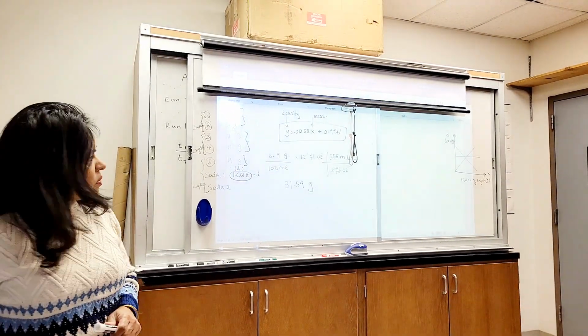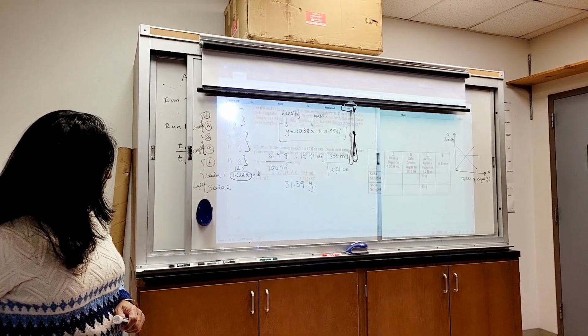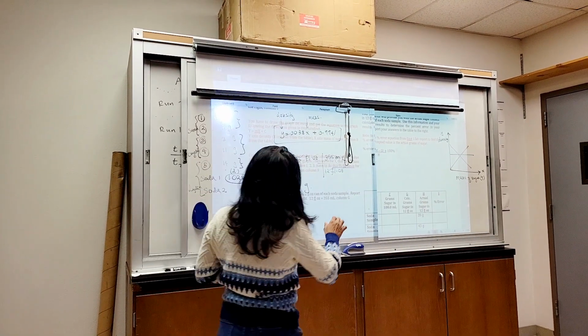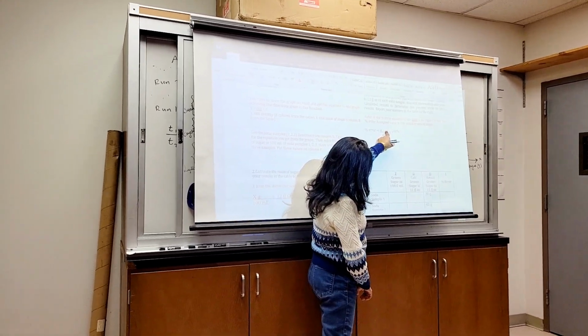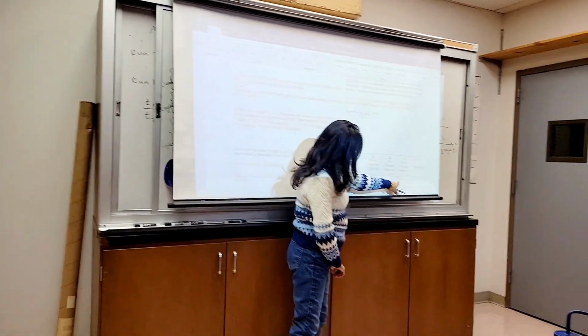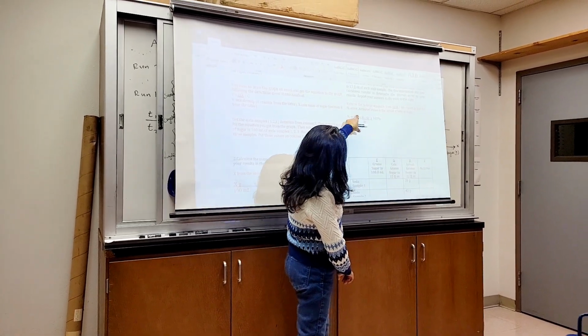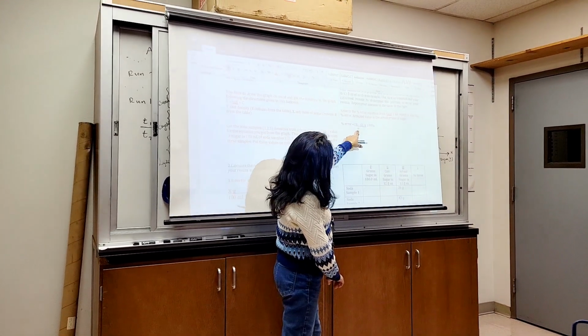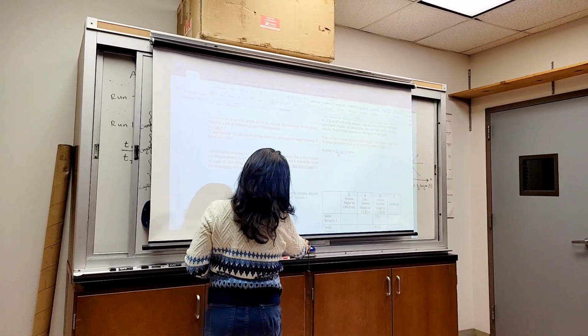H minus G over 100? Exactly. You will also be given that here. H minus G: column H is your actual grams, 39 grams. G would be the calculated amount. You take the absolute value and then divide by the actual amount, 39, and multiply by 100.